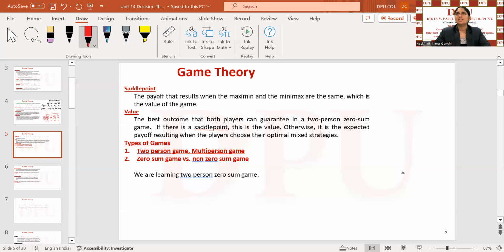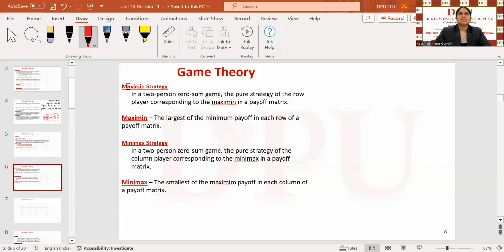But in this unit we are learning the two-person zero-sum game, where just two parties are involved and the profit for one party is the exact amount of loss for the other party.